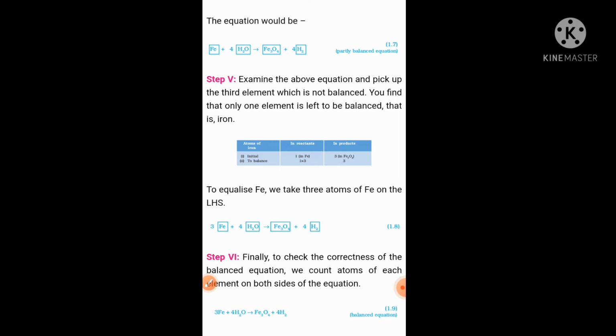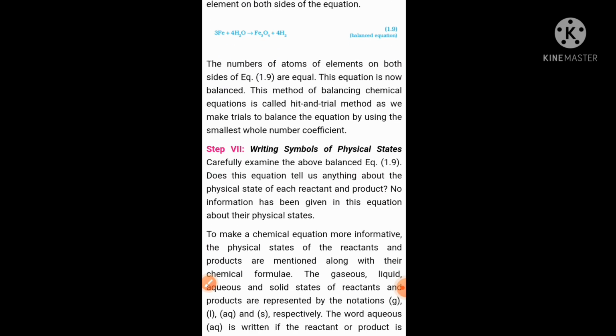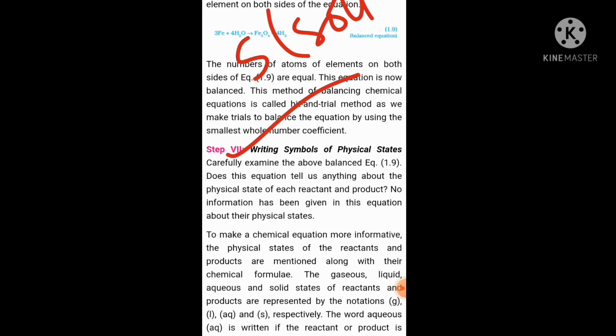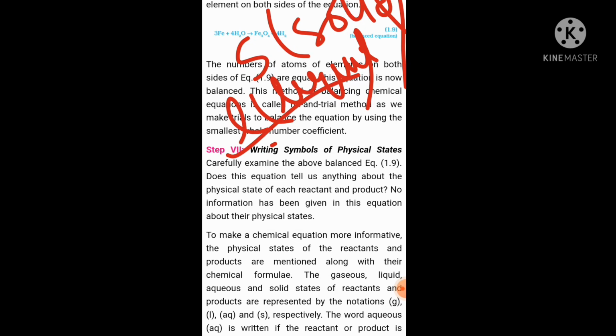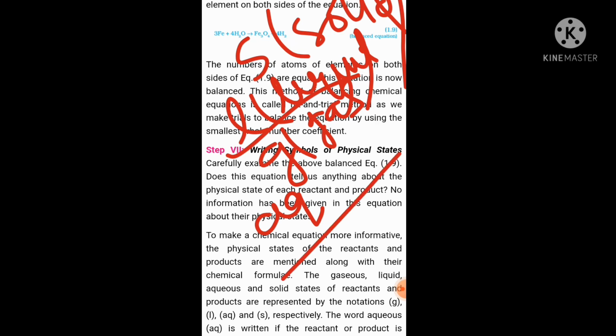The physical state of any substance is represented by using the symbol S for solid, L for liquid, G for gas, AQ for aqueous. Okay, that is the way.